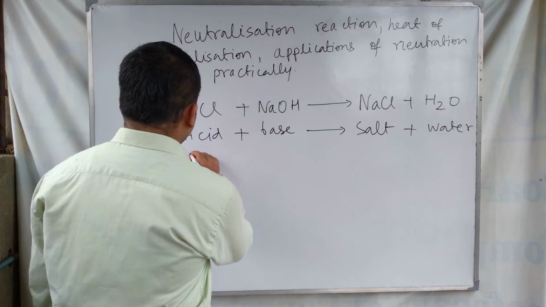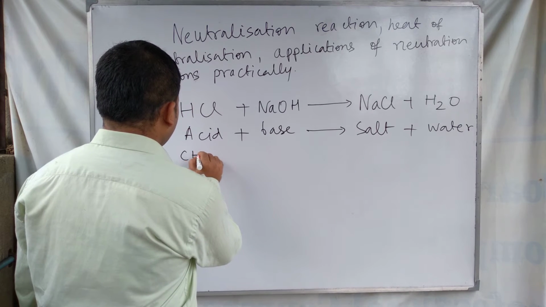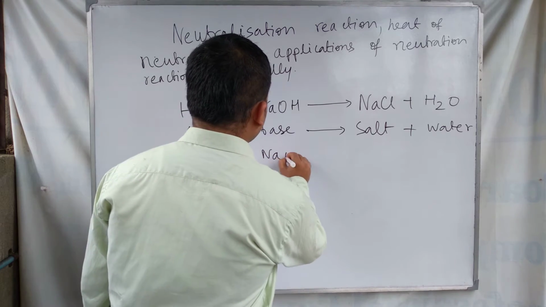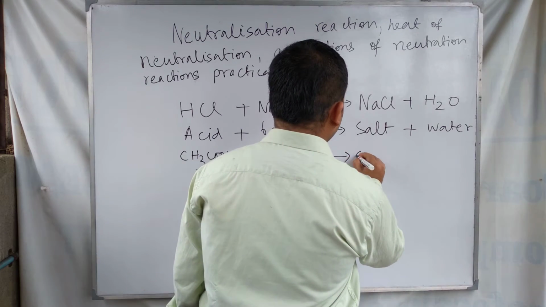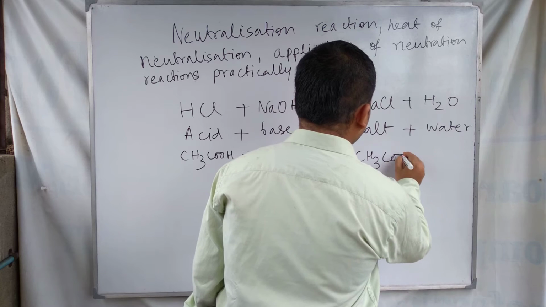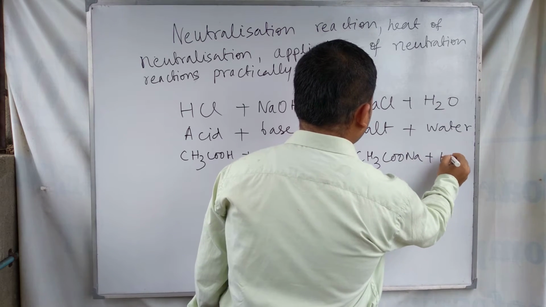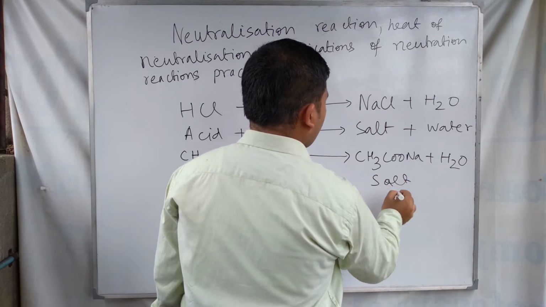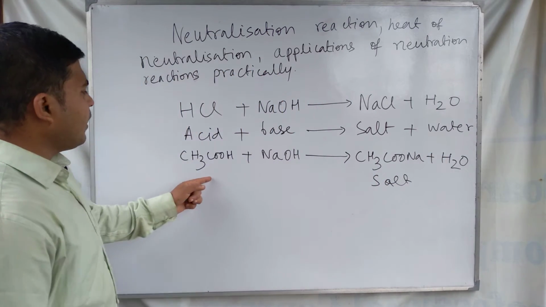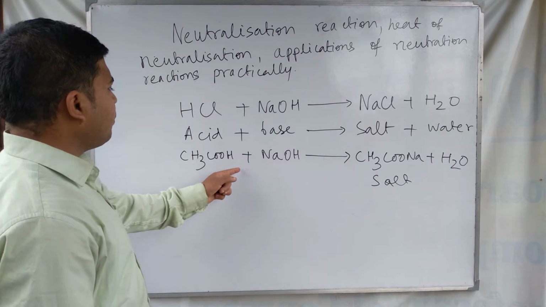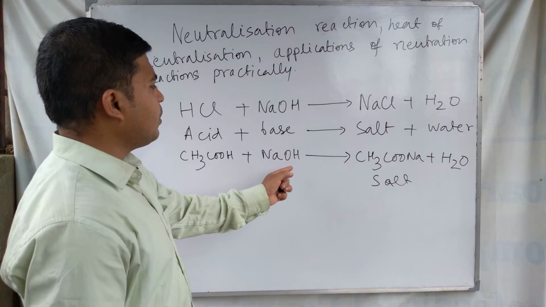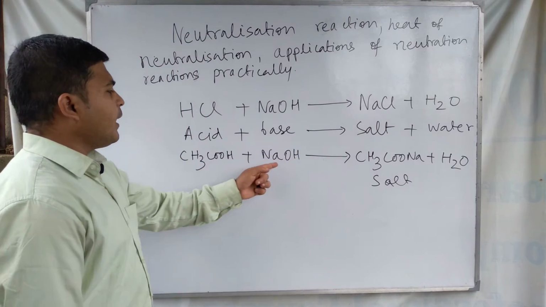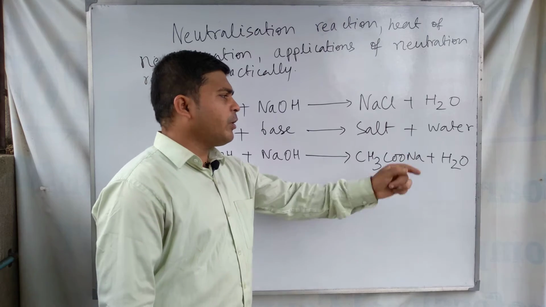In this way we can use some other equations, like if we take acetic acid and the base sodium hydroxide, at neutralization it forms CH3COONa plus H2O. So this is the salt and this is water. So acetic acid, which is an organic acid and a weak acid, is reacting with the base sodium hydroxide, a strong base, to form the salt and water.